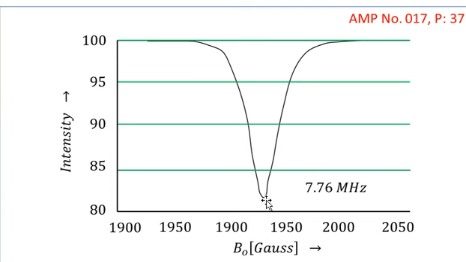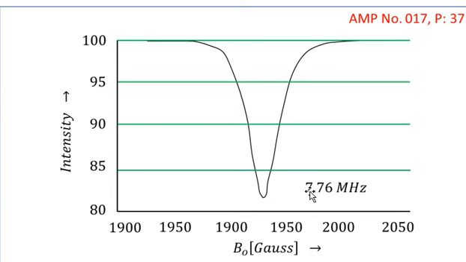So at this value of the magnetic field B, which is slightly below the value of 1950 Gauss, a nuclear resonance condition will occur. And a complete dip, that is the minimum value of current, will be recorded at the detector. If you increase the value of B naught further, then of course the resonance condition will slightly be disobeyed, and it will be completely disobeyed at a value around 2000 Gauss.